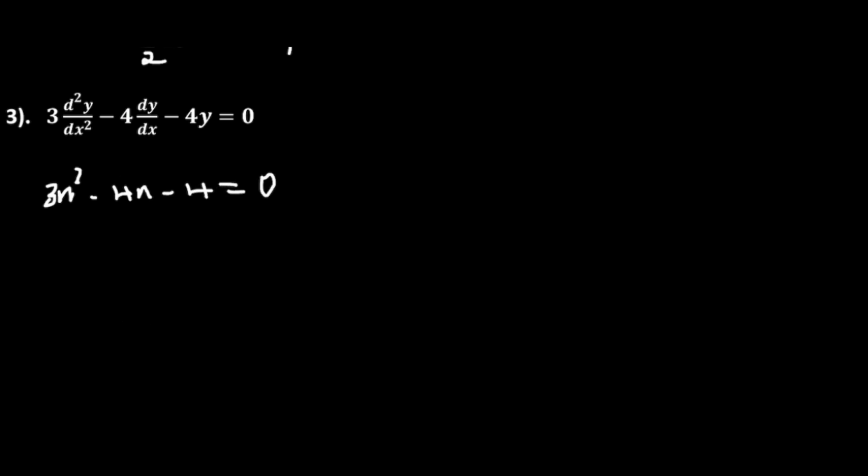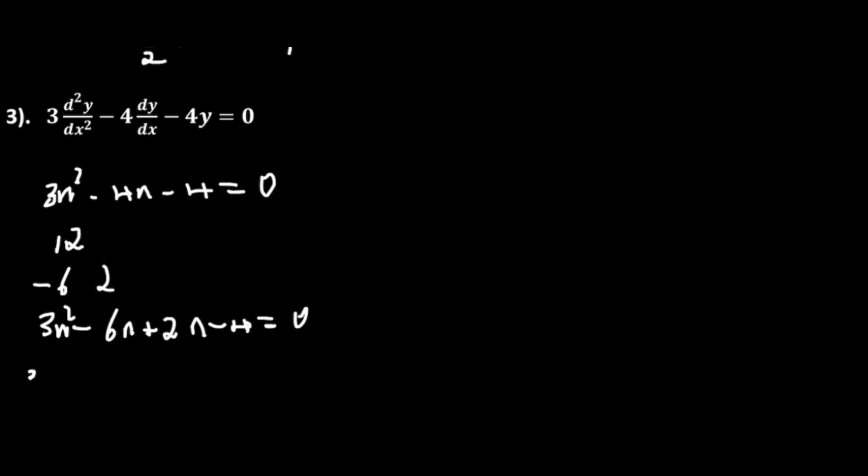In this case, we're looking for factors of -12 such that when we add them we get -4. If we take -6 and 2, when we add we have negative 4, and when we multiply we have negative 12. So we'll definitely have 3n squared minus 6n plus 2n minus 4 equal to 0.